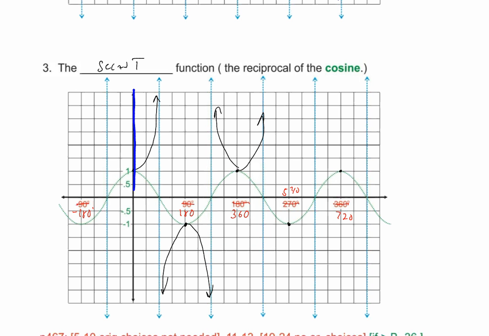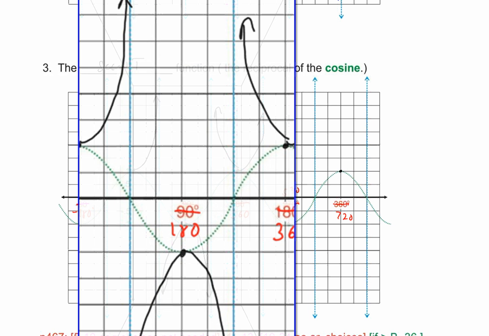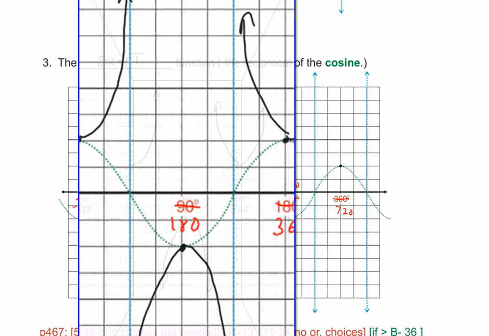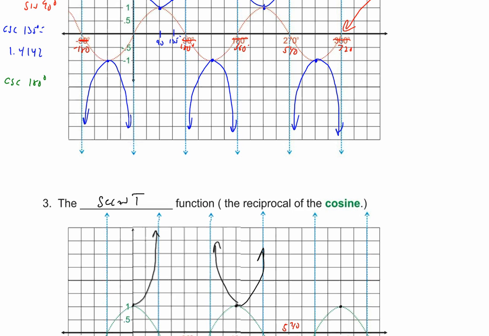So because this would be between 0 and 360, right? Because of the way the cosine goes. So if we said show it between 90 and 450, then it would look more normal. You're not going to graph these tonight. You are going to read graphs tonight, but you're not going to graph them, so not a big deal.